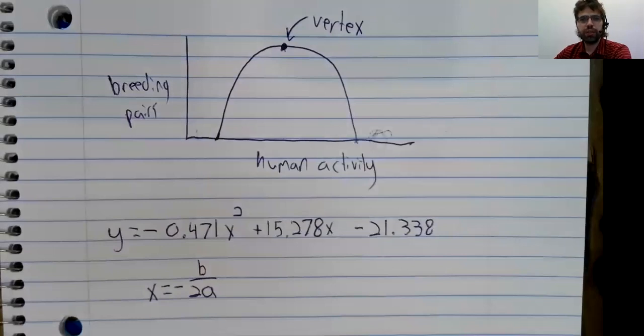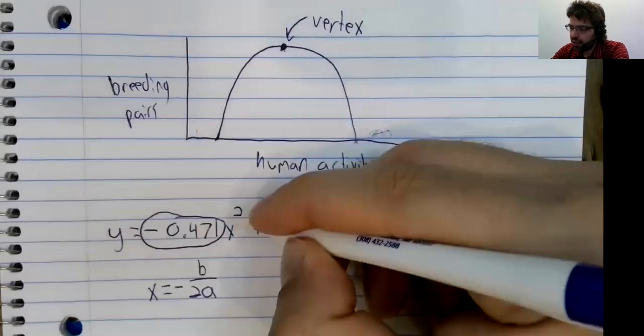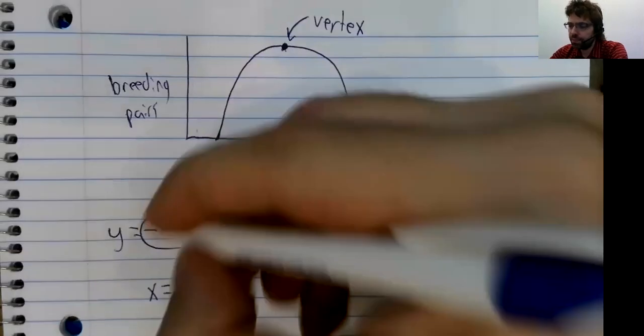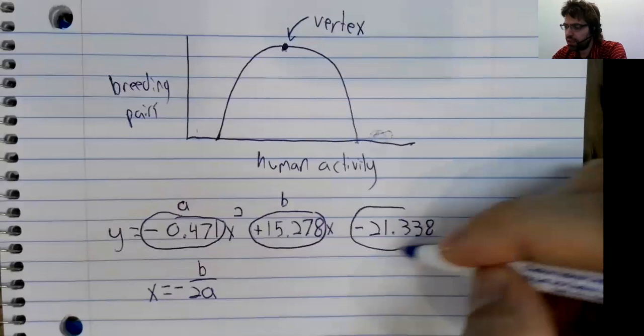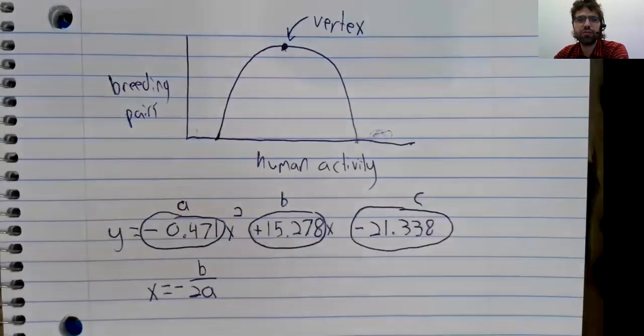And now it's going to be plug and play. Here's A, here's B, here's C, but C doesn't appear in the vertex formula.